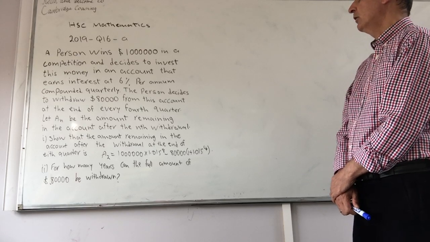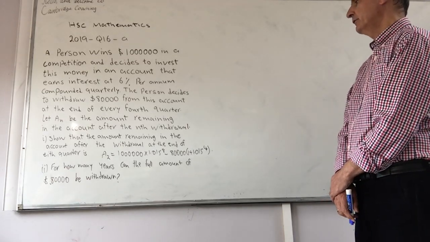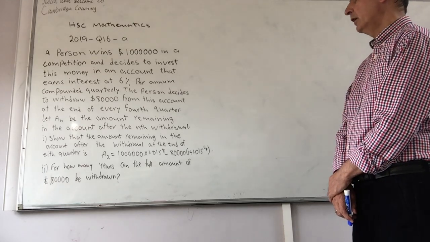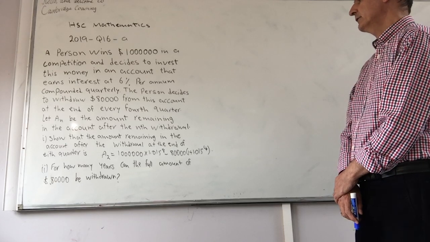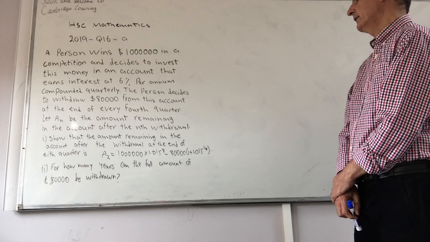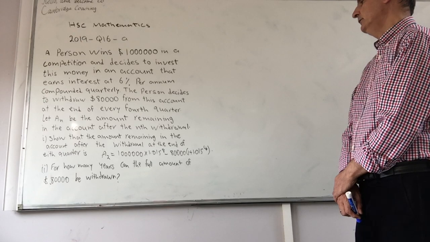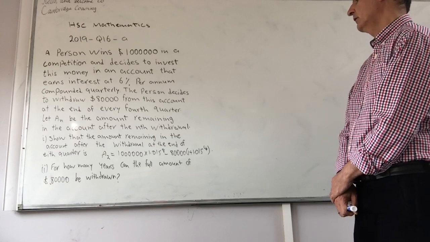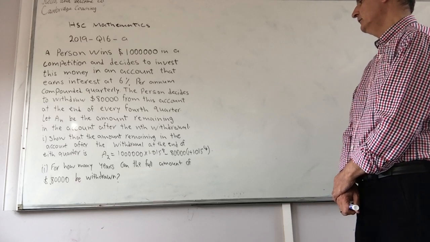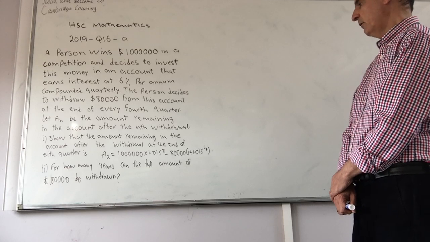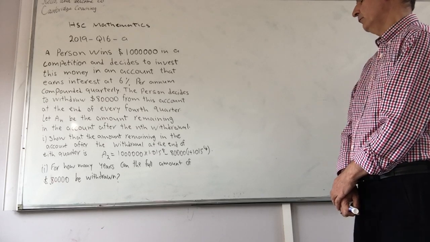Let A_N be the amount remaining in the account after the nth withdrawal. Part I, show that the amount remaining in the account after the withdrawal at the end of the 8th quarter is A2 equals 1 million times 1.015 to the 8 minus 80,000 times (1 plus 1.015 to the power of 4).